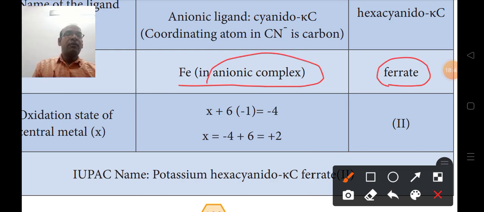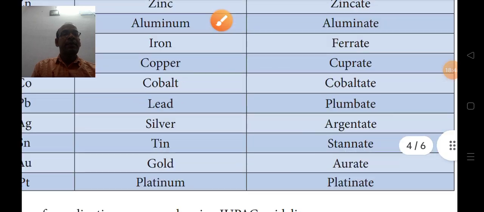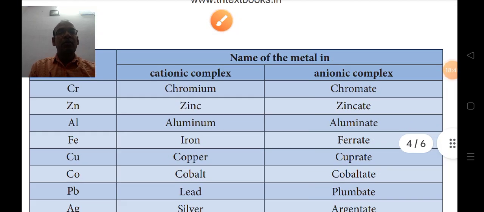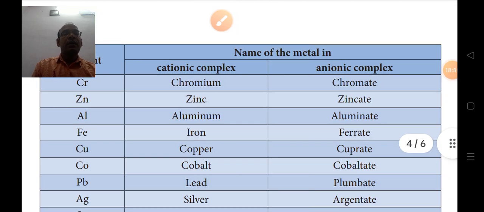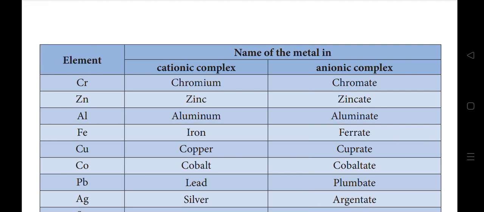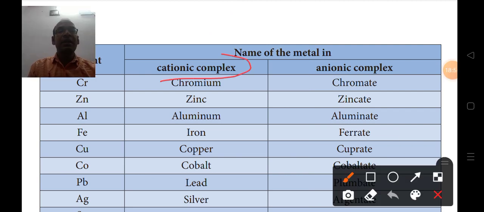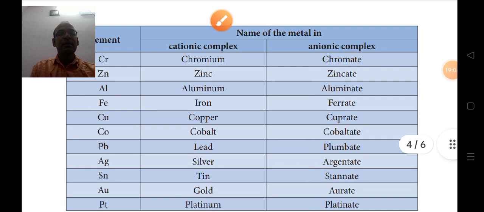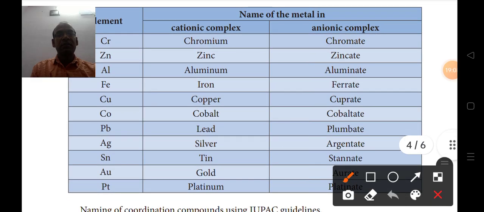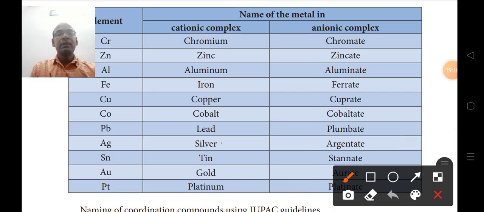For this, in a book, one tabular column is given: the central metal ion in a cationic complex, usual name chromium, zinc, aluminium, iron, copper, cobalt, lead, silver, tin, gold, platinum.